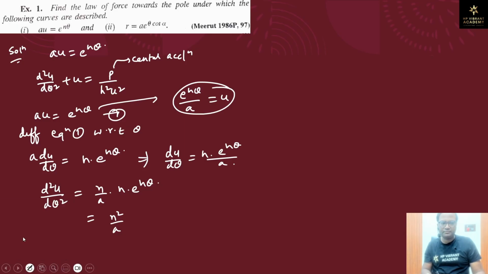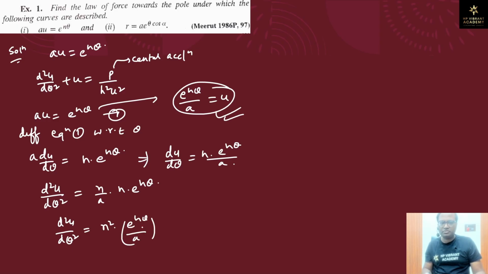From equation 1 we have e to the power n theta upon a is equal to u. So d2u upon d theta square is equal to n square into e to the power n theta upon a, and e to the power n theta upon a is u. So this is n square into u.